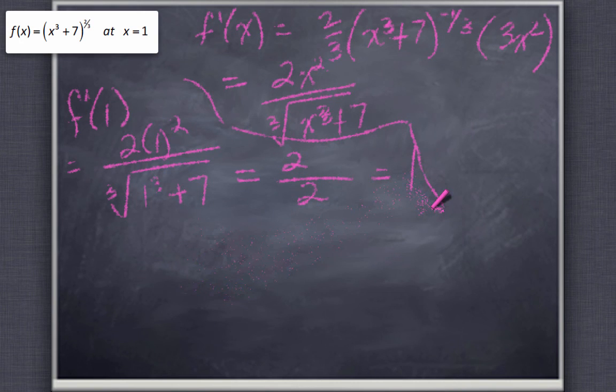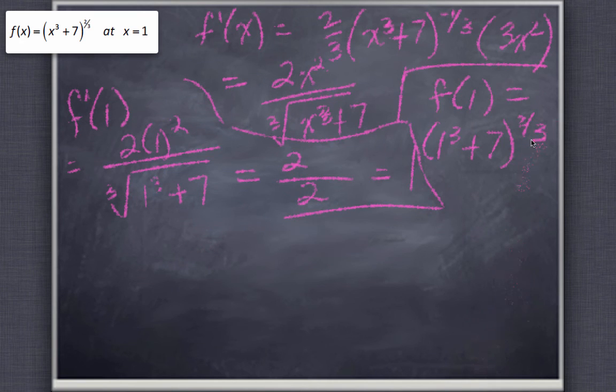F of 1 is 1 cubed plus 7 to the 2/3, so 8 to the 2/3, which is the cube root of 8 squared.